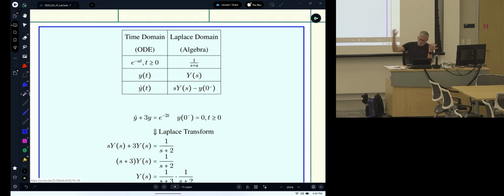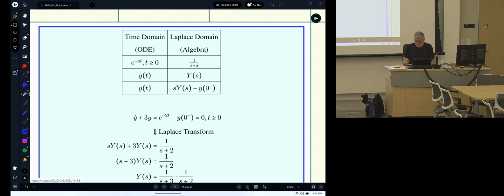What the Laplace transform is going to do, it's going to take time domain functions and put them into what's called the S domain or the Laplace domain. And to signify that, we replace the lowercase things with uppercase Y. That's just standard. We will compute the Laplace transform of exponentials, and it'll be really simple.